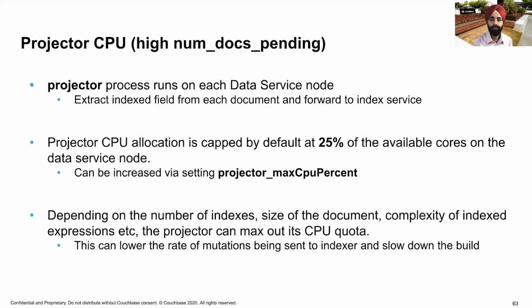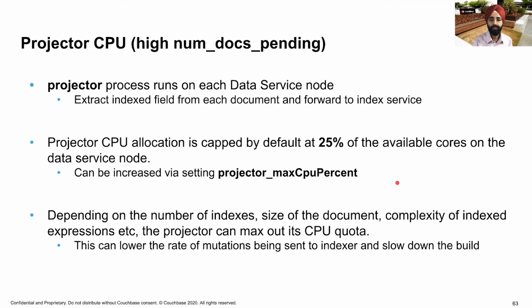And the key thing to note here is that projector is a CPU intensive process because it needs to parse the document, extract the field, and keep forwarding it to the index service. By default, the projector CPU allocation is capped at 25% of the available cores on the data service.